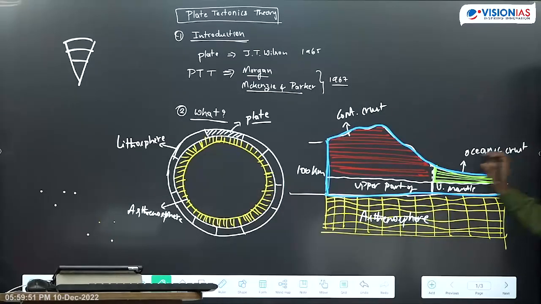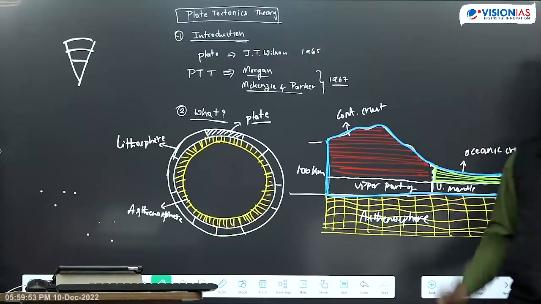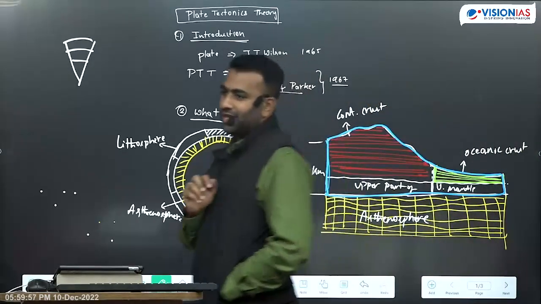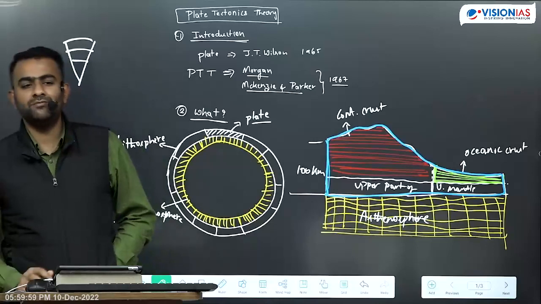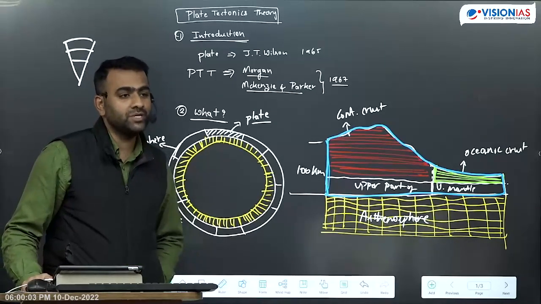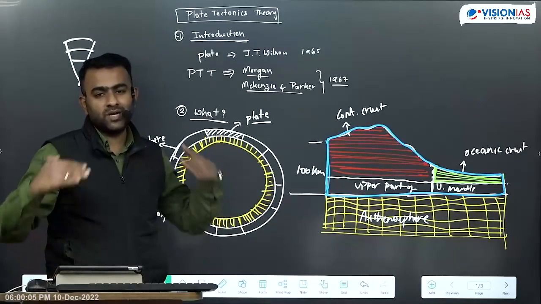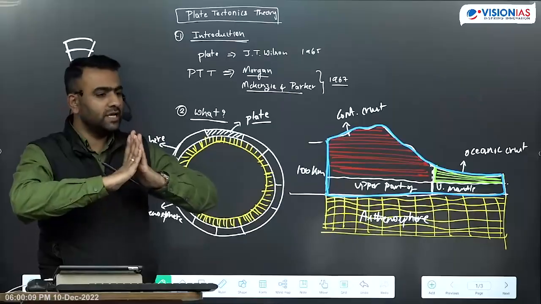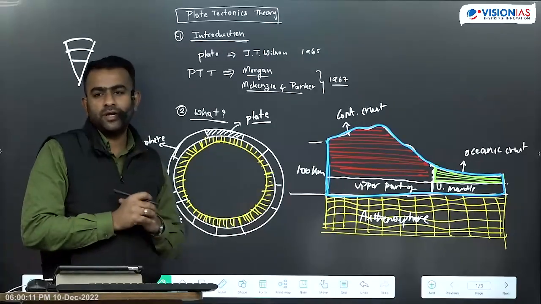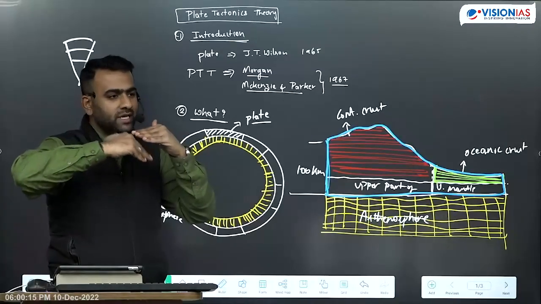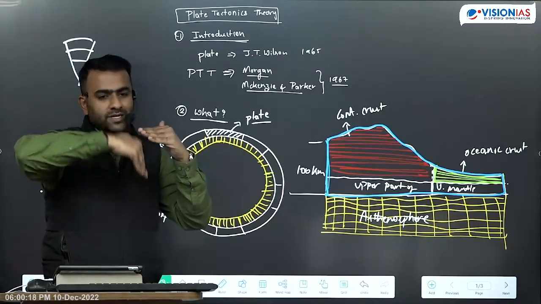When they are in motion, they offer very high resistance, and that causes deformation along the edges. Sometimes it causes compression. The layer gets folded, resulting in the formation of fold mountains. Sometimes they push each other, resulting in the formation of trenches and subduction.